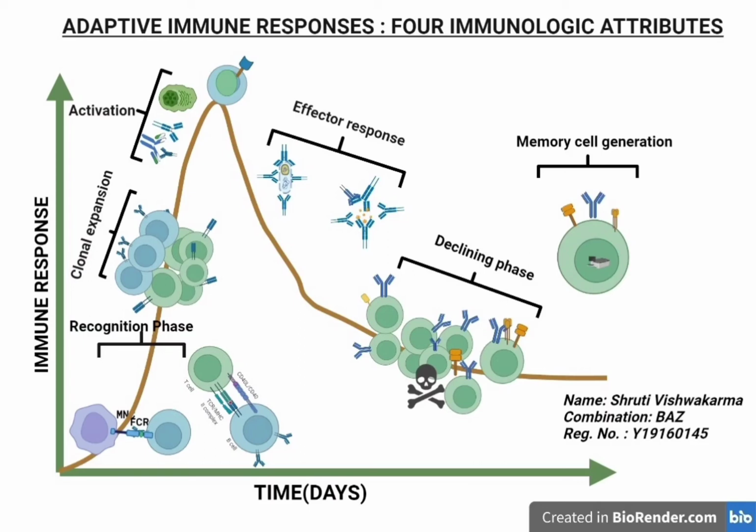The third one is self and non-self recognition. To be able to destroy invaders, the immune system must first recognize them. That is, the immune system must be able to distinguish what is non-self, that means foreign, from what is self.